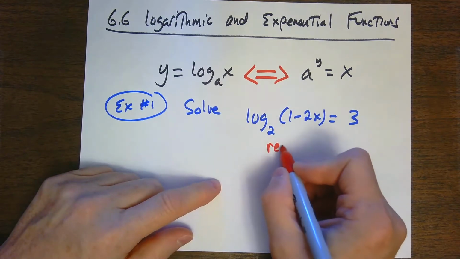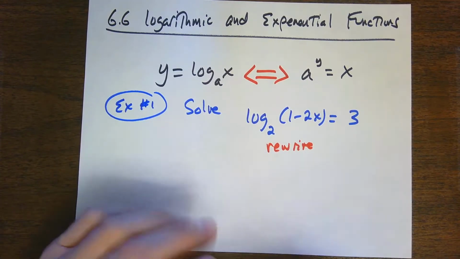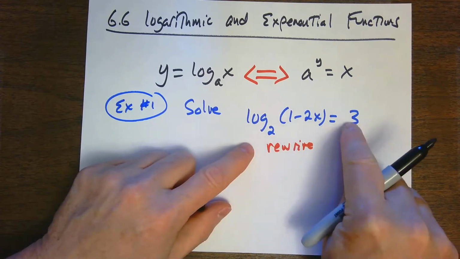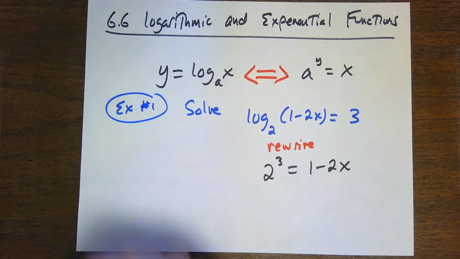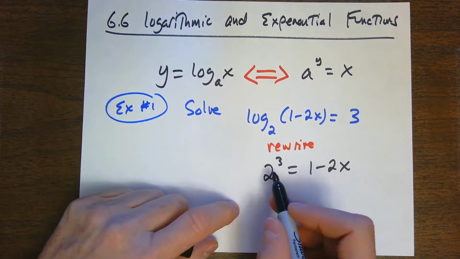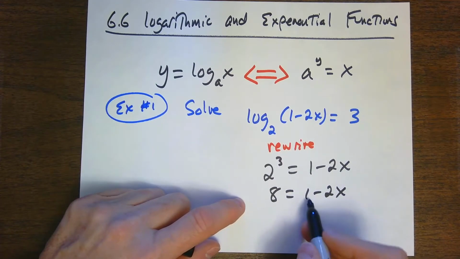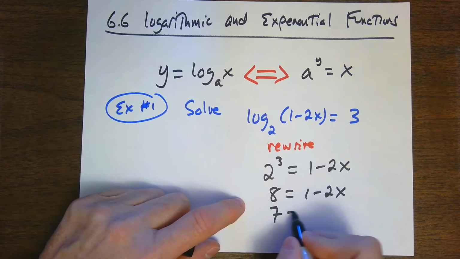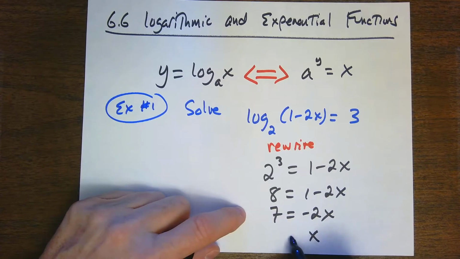When I rewrite it, I get 2 to the power of 3 equals 1 minus 2x. This I can solve a lot easier. 2 to the power of 3, 2 times 2 times 2, is 8, equals 1 minus 2x. Subtract 1 from both sides. 7 equals negative 2x. Divide both sides by negative 2, and x equals negative 7 halves. And there's my solution.